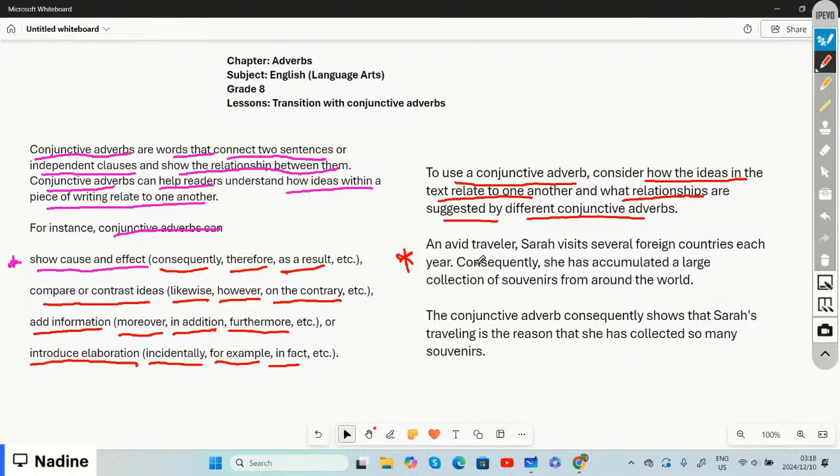It says an avid traveler, Sarah, visits several foreign countries each year. Consequently, she has accumulated a large collection of souvenirs from around the world.